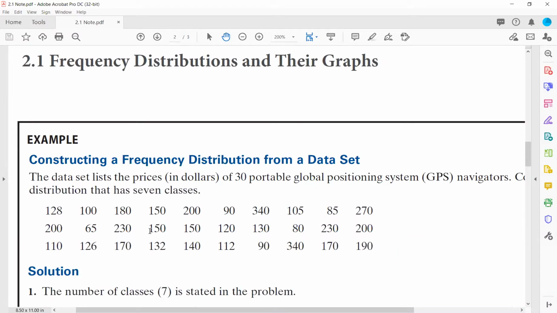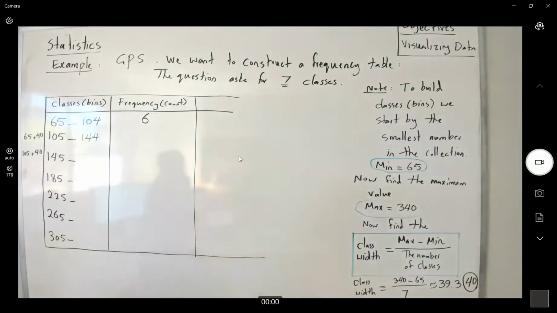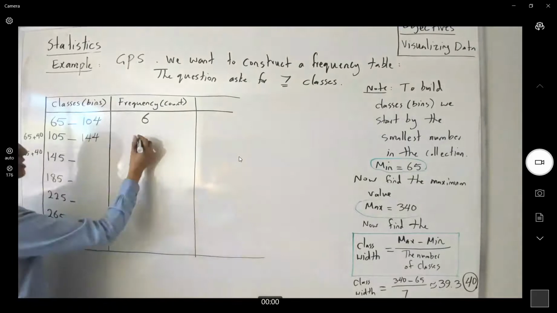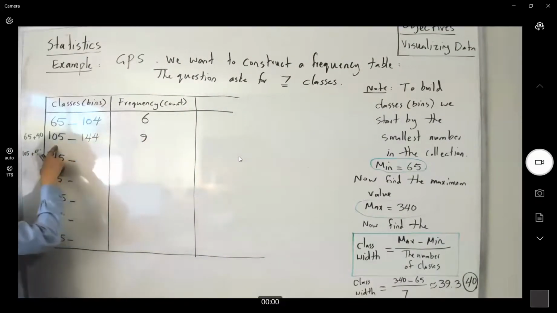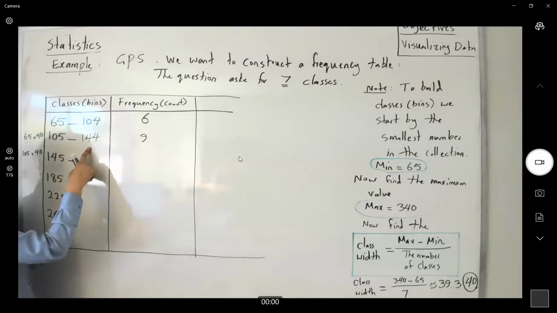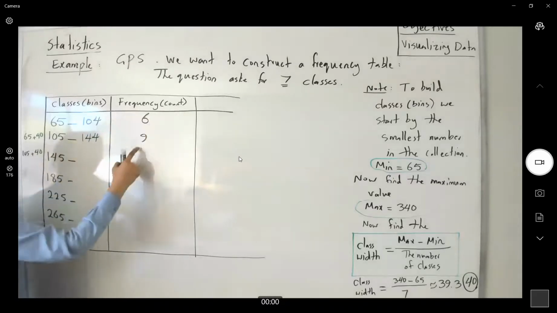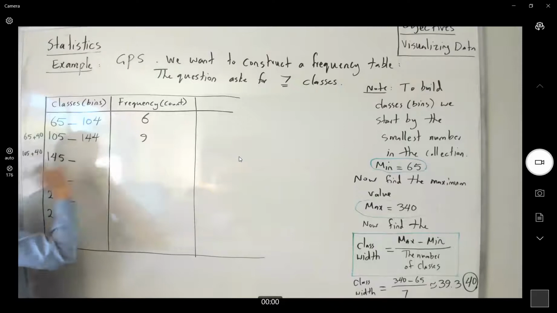What else do we have? 120. We have 130. Of course, we have 110. We have 112. And that's it. So the frequency or count is 6. Sorry, this is 9. You have 9 numbers between 105 and 144. The frequency or count of the second class is 9.